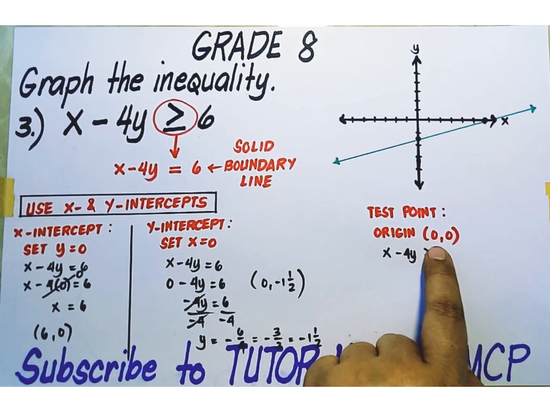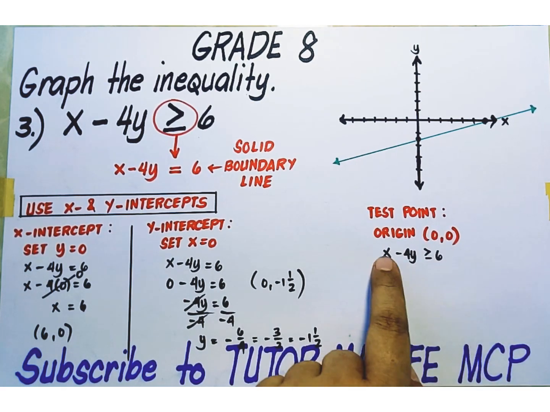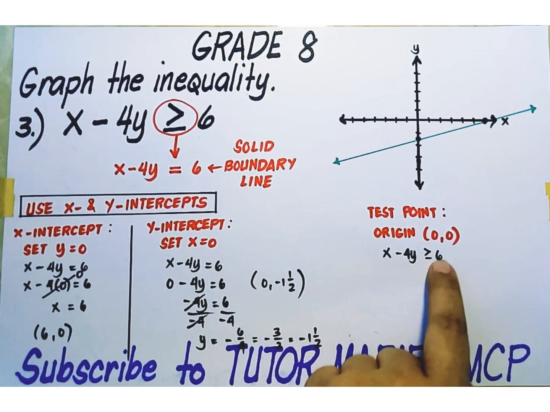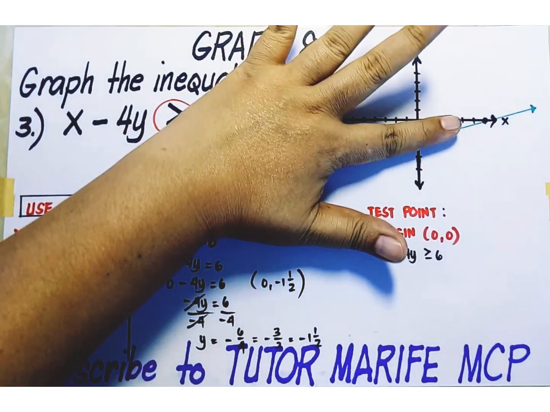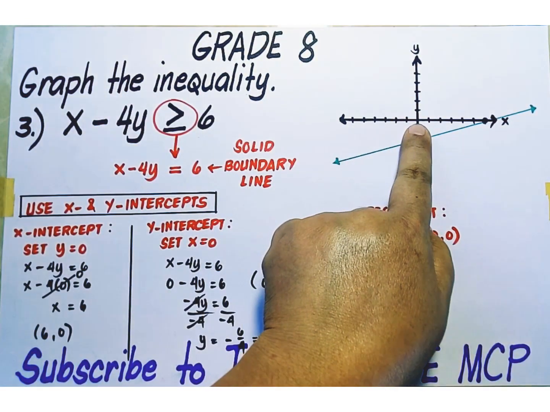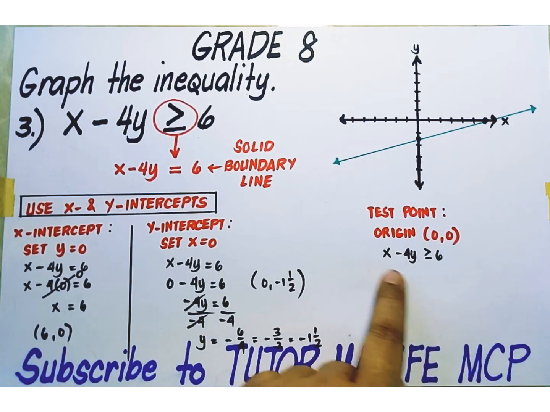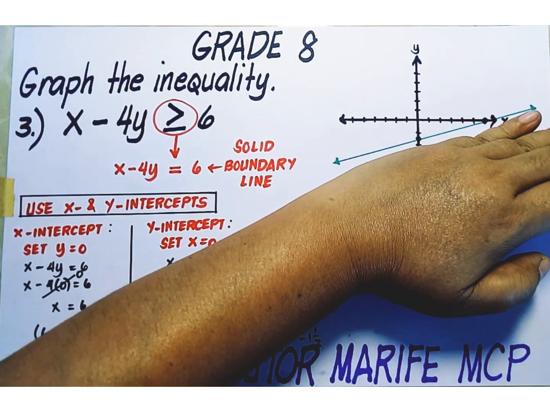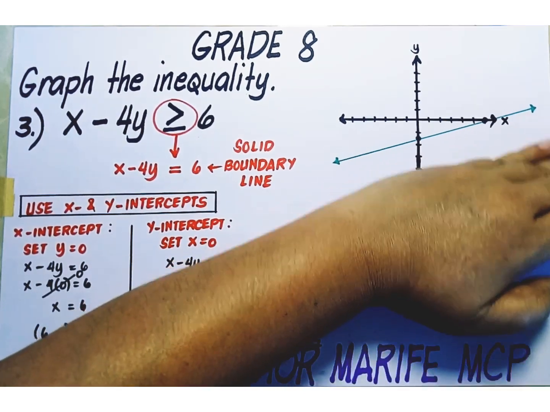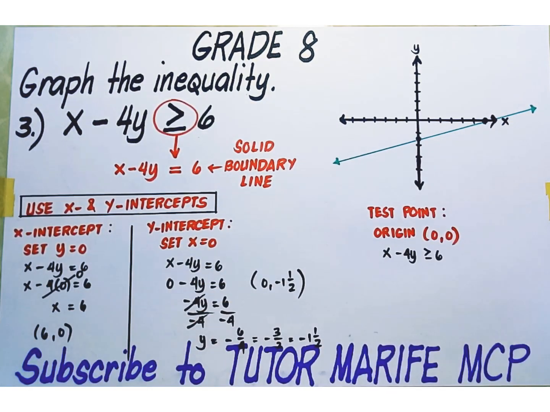The x and y coordinates of the origin are both 0. If these coordinates satisfy this inequality, then we are going to shade the region containing the origin. If these coordinates do not satisfy this inequality, then we are going to shade the region that does not contain the origin. Let's find out.